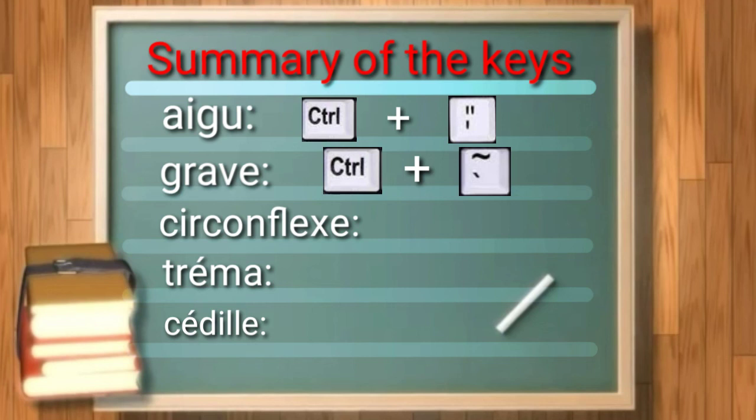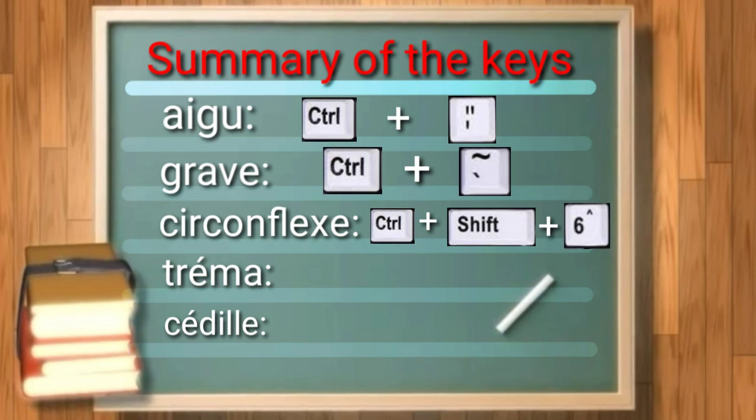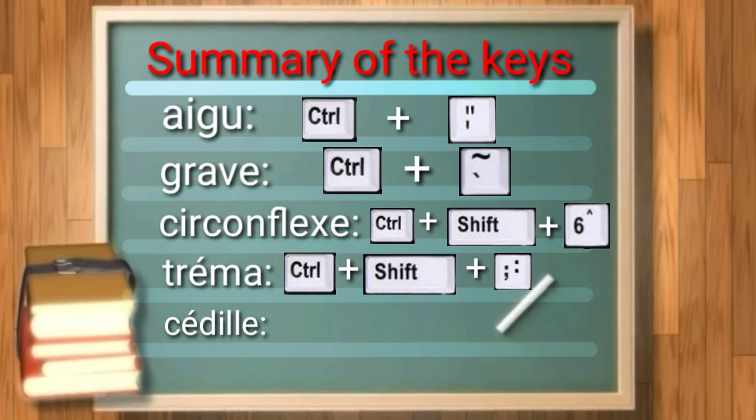With circumflex, you press Ctrl Shift with number 6 on your keyboard, and the letter will be carrying a circumflex. With the Tréma, you will type Ctrl together with Shift, hold them at the same time, and type this key. Let's look at the Cédille. You press and hold Ctrl and comma, release, and then type letter C.